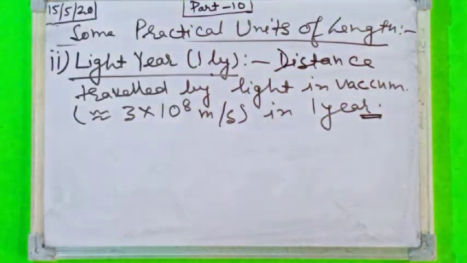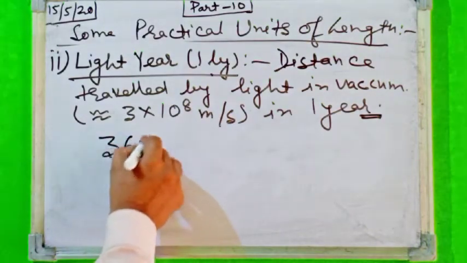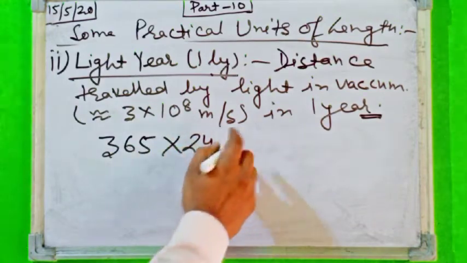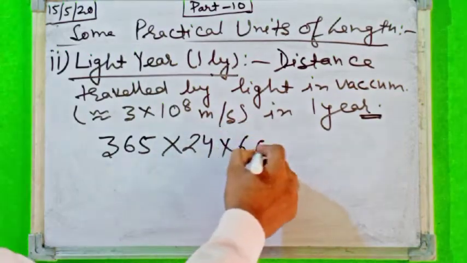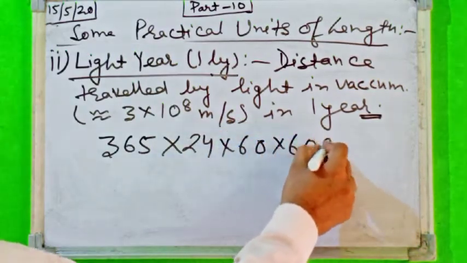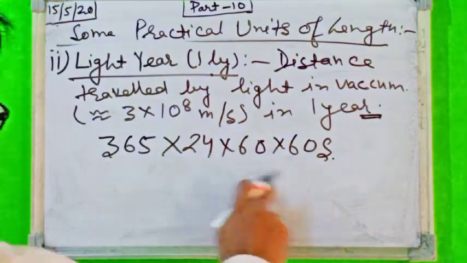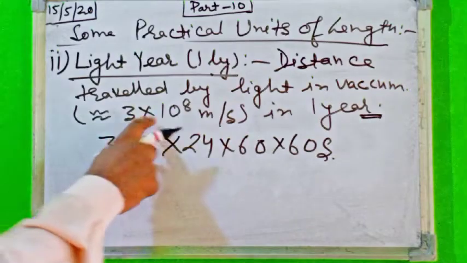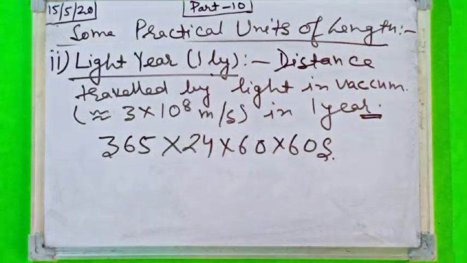Then what is the value of the distance? 1 year means 365 days into 24 hours into 60 into 60 seconds. So 365 days, 1 year, is that much time, and if we multiply this speed with this time, then we will get the distance.